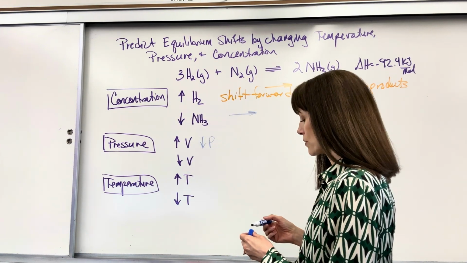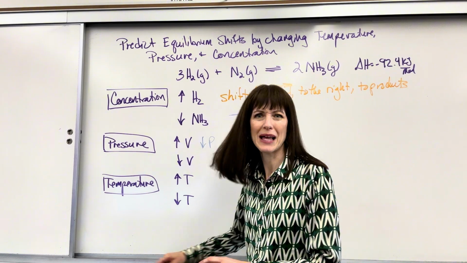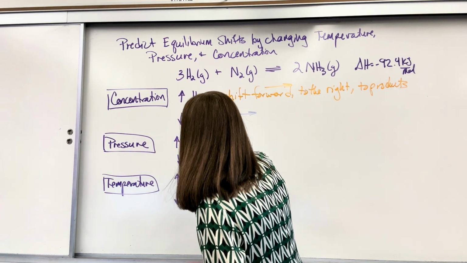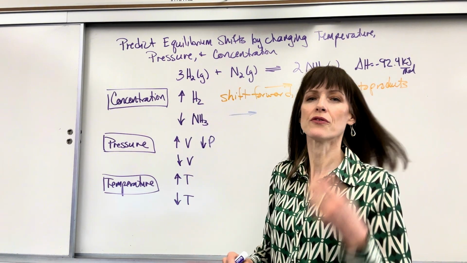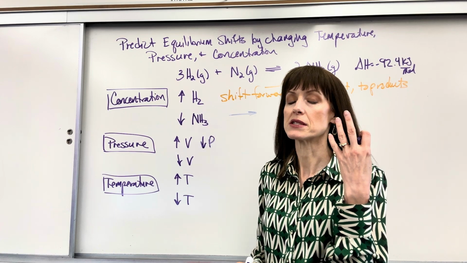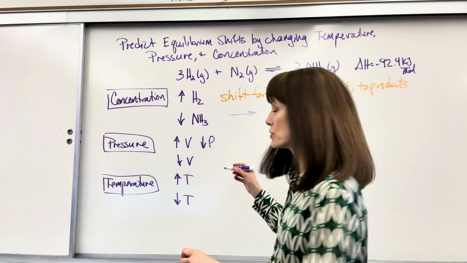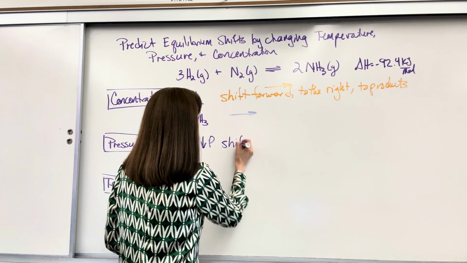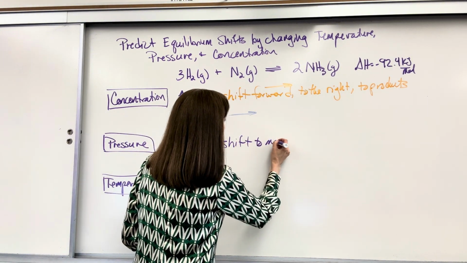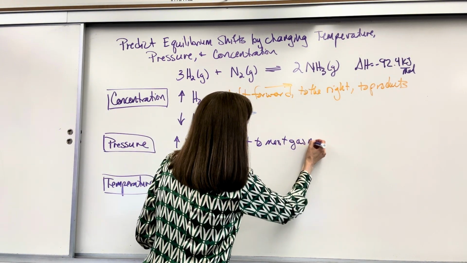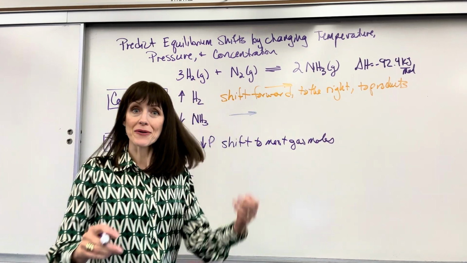Okay, and then I'm thinking through this. Sorry, you guys, I don't think you can see that one very good either. We decrease the pressure. Well, if I decrease pressure, that means that this is going to shift to the side with the most gas moles. I'm going to write that down so you have it. So shift to the most gas moles. Let's count gas moles.